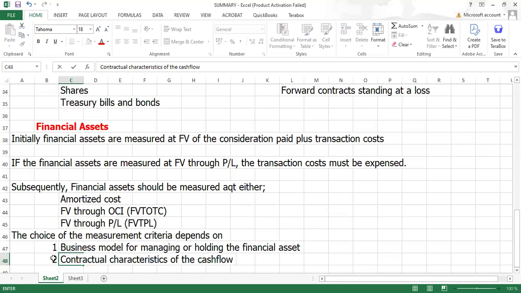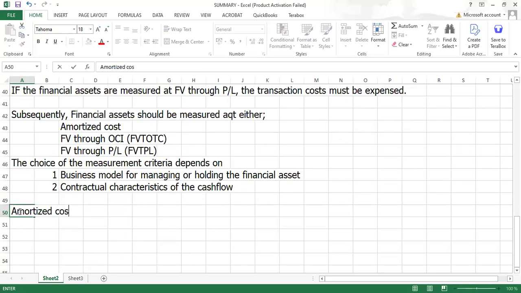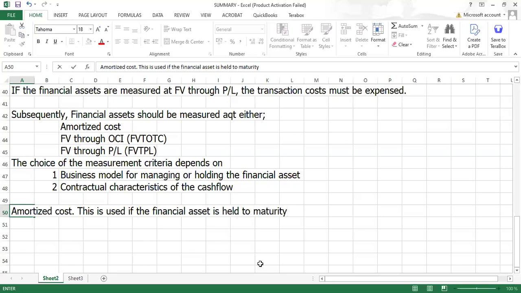Is it only about the interest and principal? What do you expect to receive? You can only use amortized cost if the financial asset is held for maturity. At the end of the maturity period, you're going to collect the contractual cash flows, the interest and the principal.